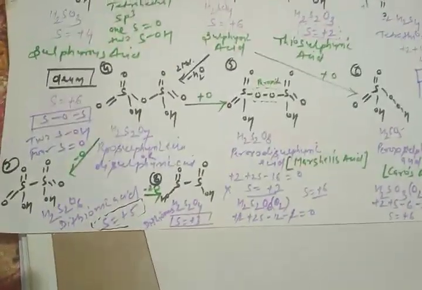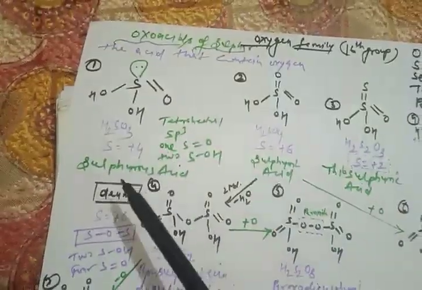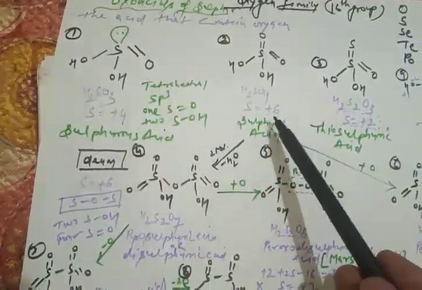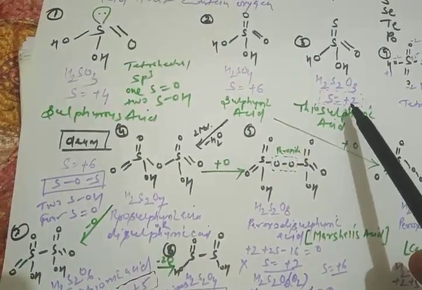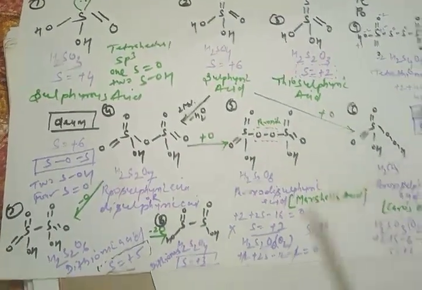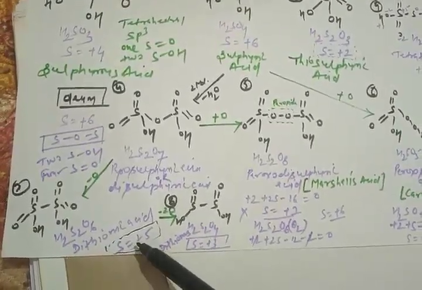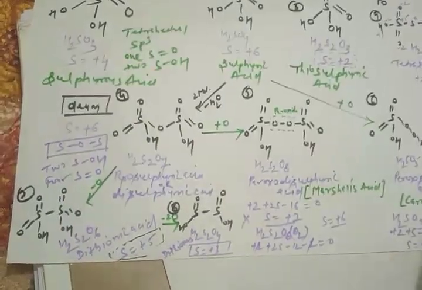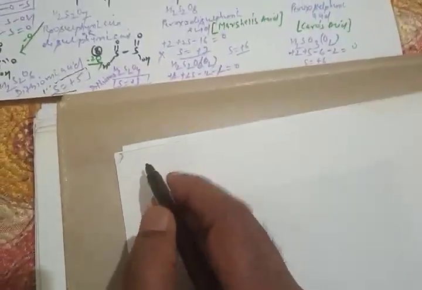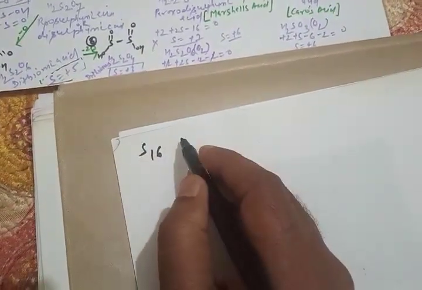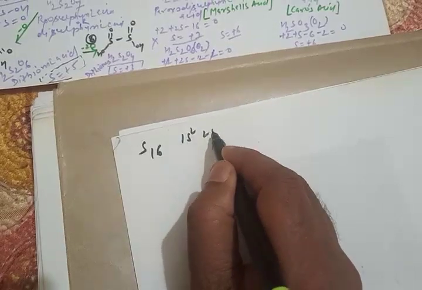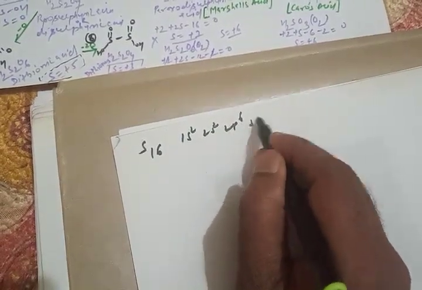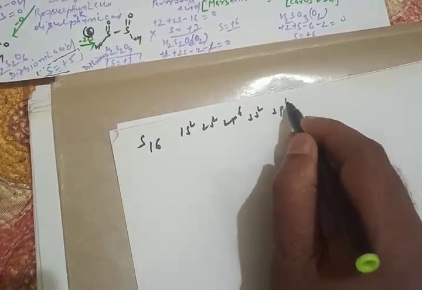As you can see, in this case we have +4, in this case +6, in this case +2, then we have +5 also, +6, +6, +3, +5, +6. So the different oxidation states. How does this happen? Sulfur has atomic number 16, so it will be 1s2, 2s2, 2p6, 3s2 and 3p4.